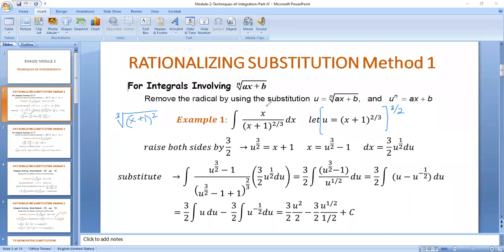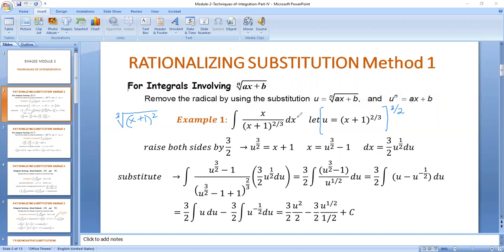Now remember that because this is substitution, you are to substitute an expression in lieu of the original variable x. That way you will not deal with the raised to 2/3 expression here. So if you're going to change the x into your new variable u, correspondingly you also need to change the dx.